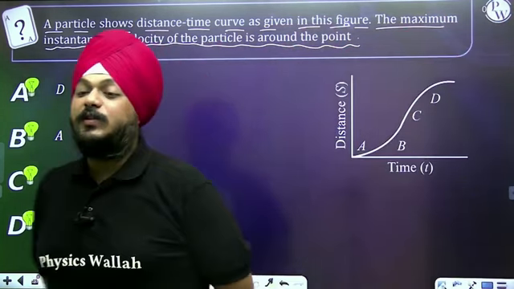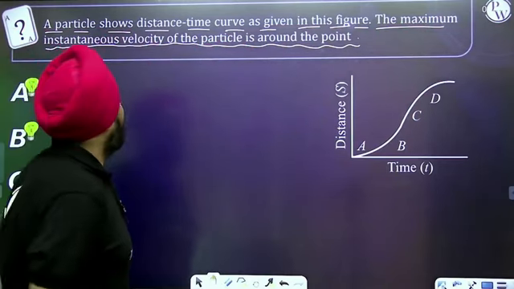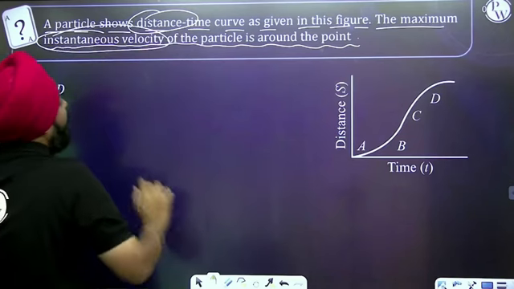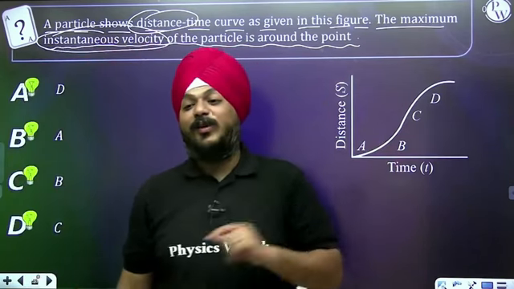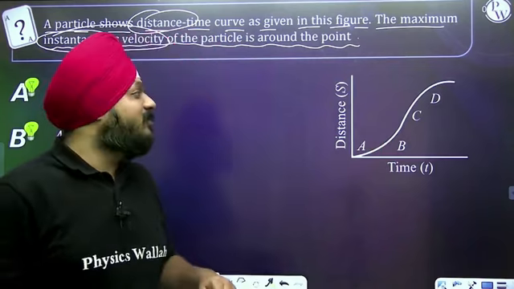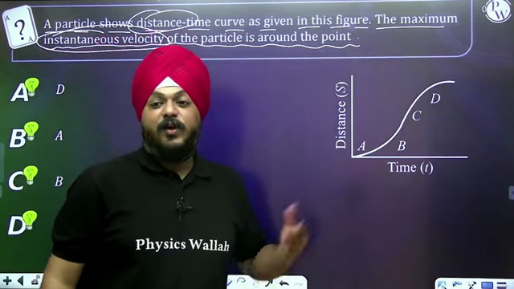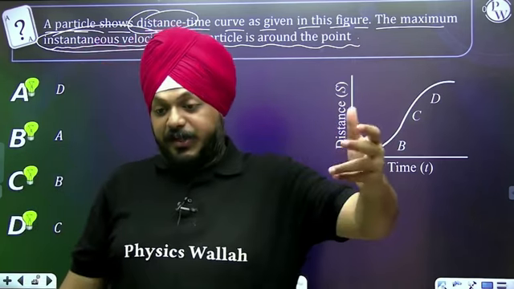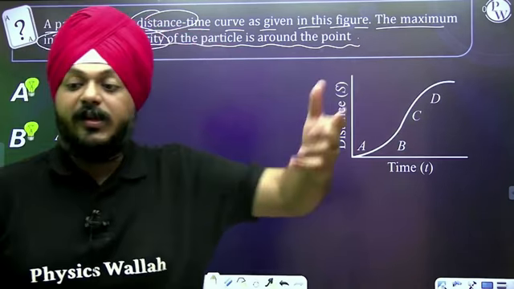The particle shows the distance versus time graph, and from distance we have to reach the velocity. It means we have to deal with the slopes, because the ratio of distance to time is going to help us in reaching the instantaneous velocity.